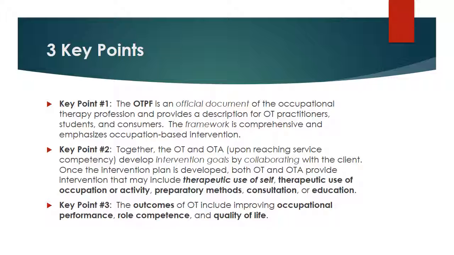Once the intervention plan is developed, both the OT and OTA provide intervention that may include therapeutic use of self, therapeutic use of occupation or activity, preparatory methods, consultation, or education. And lastly, key point number 3, the outcomes of OT include improving occupational performance, role competence, and quality of life.